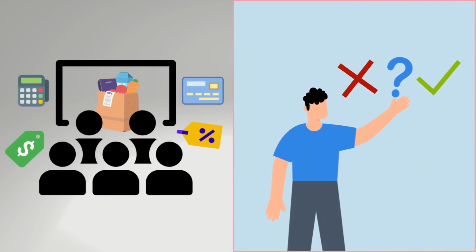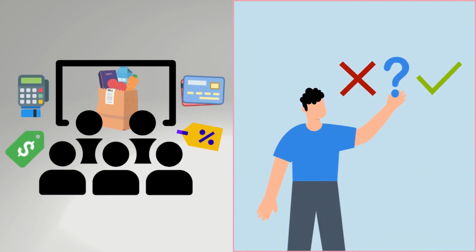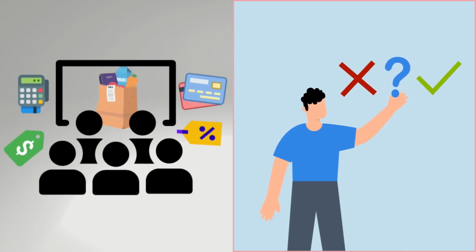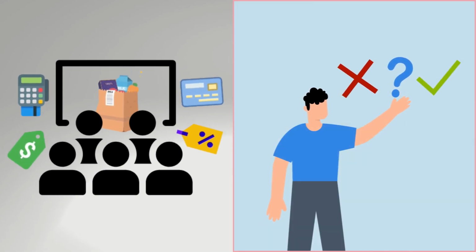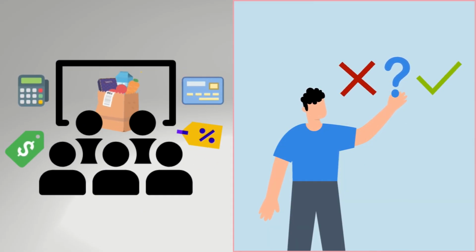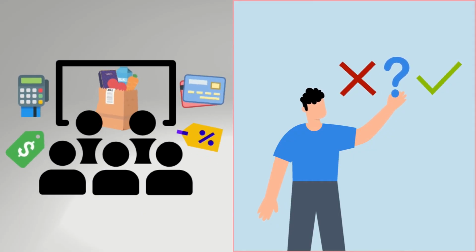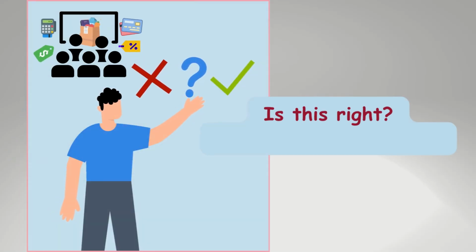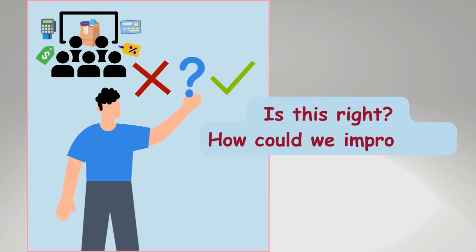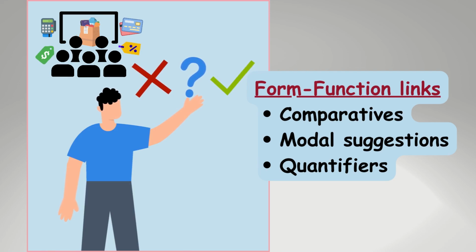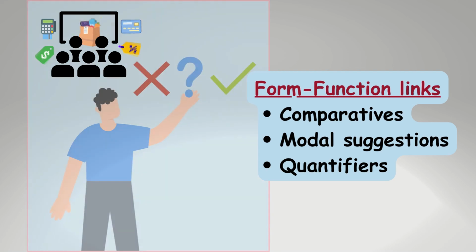Stage 6, Feedback and Focus. After the free practice, it's time to zoom in on form. Pull out errors you anonymously noted during the activity and write them on the board. Ask the class, is this right? How could we improve it? The key form-function links to address in this lesson include comparatives for prices.